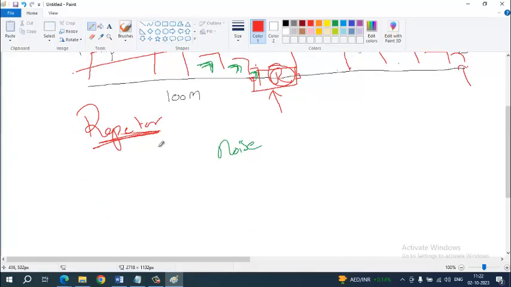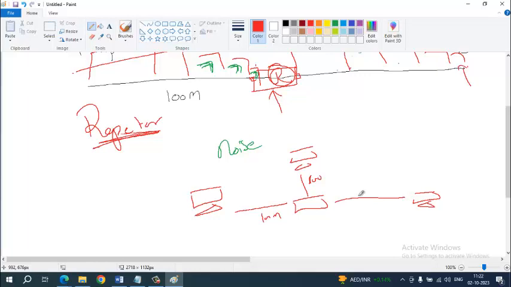But when I want to connect more than two devices, 100 meter, 100 meter, 80 meter, a repeater cannot support me, because a repeater can only connect two devices.